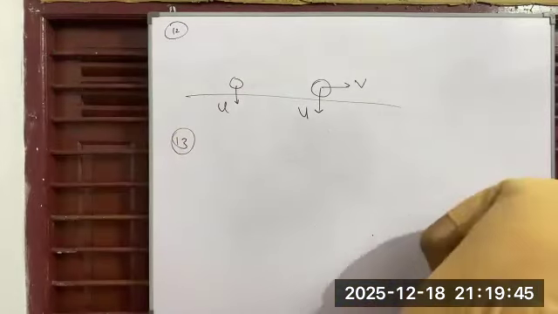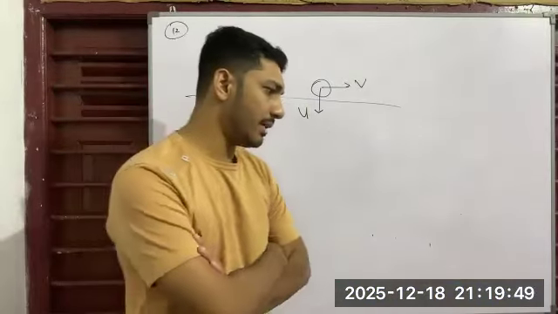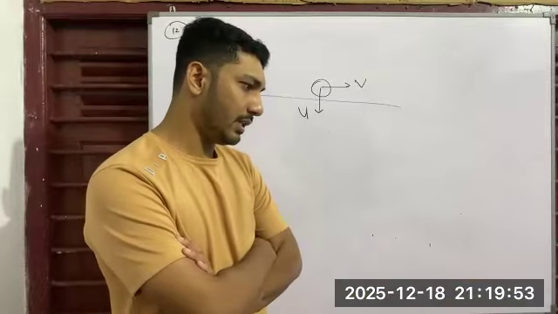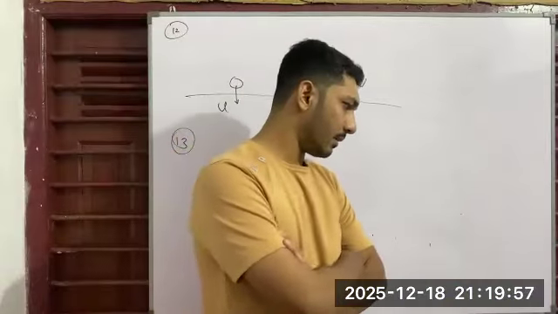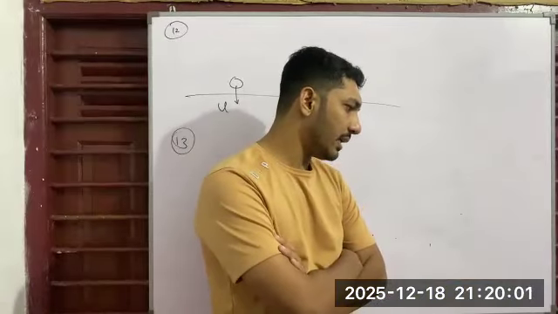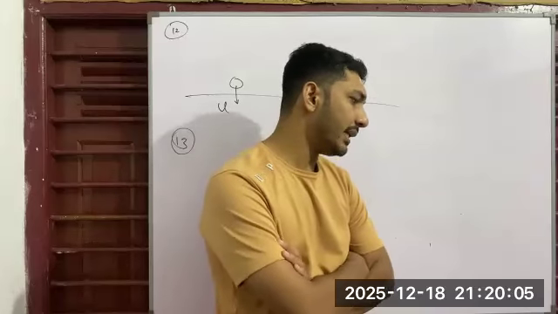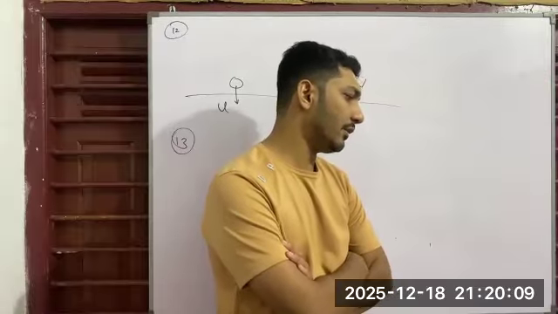13. The figure shows the moment when particle P is thrown with a velocity v vertically upwards from the floor at time t equals 0. And another particle Q is slowly released from height h straight above the position of the first particle.